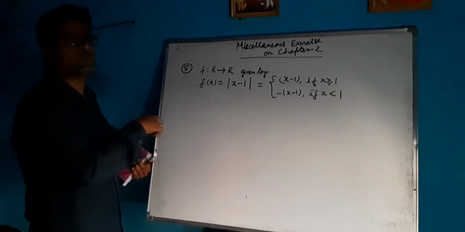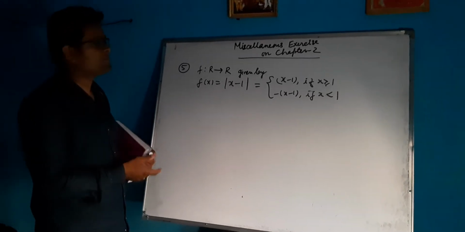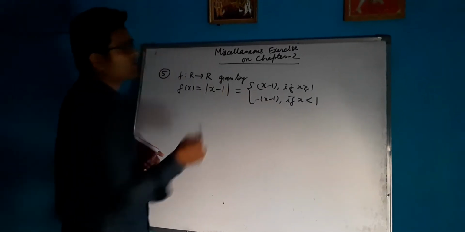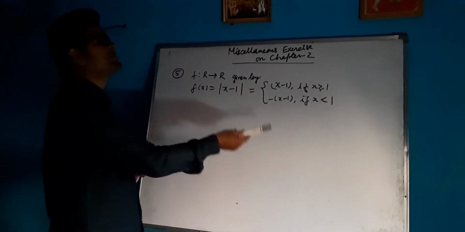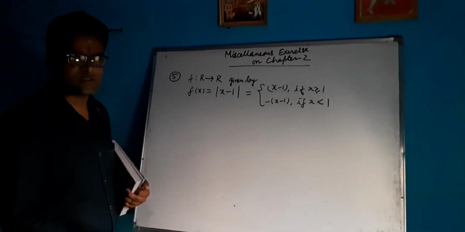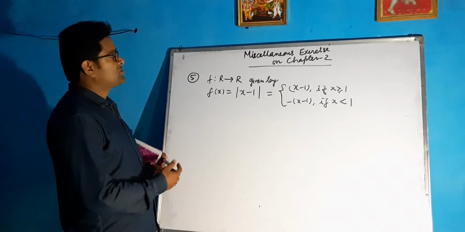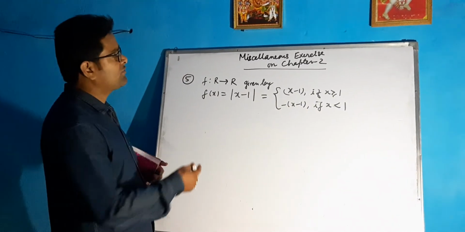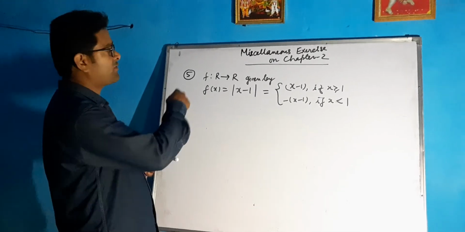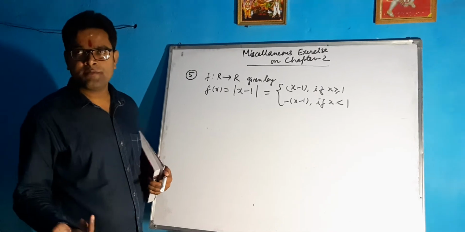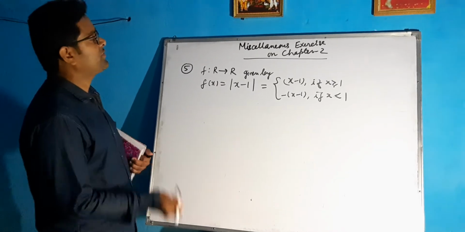Here we have to check for which values the function is not defined. So can we think it will always give us positive values? If x is less than 1, it will be negative, so the minus sign is already multiplied so that it can be positive. So for whatever values we put for x, we will always get a positive value for f of x. Means the range will simply be the positive real numbers.